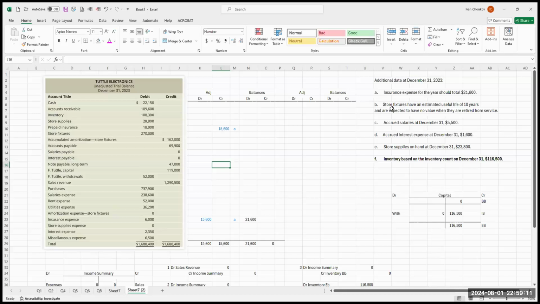So we have to record the amortization for the entire year. So what we're doing is $27,000 amortization with letter B. And since we have a debit, now we have to plug the credit. Credit, we're going to go to accumulated amortization for the store fixtures, which is $27,000. That's letter B.